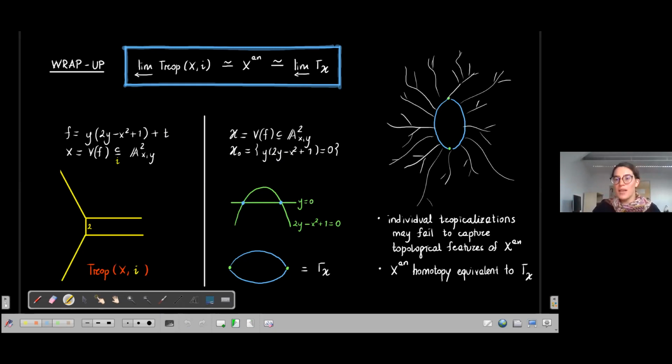So here is an example where, if we pick the wrong embedding, then just one individual tropicalization may fail to capture the topological properties of your Berkovich space. While, for instance, the skeletons will always be homotopy equivalent.